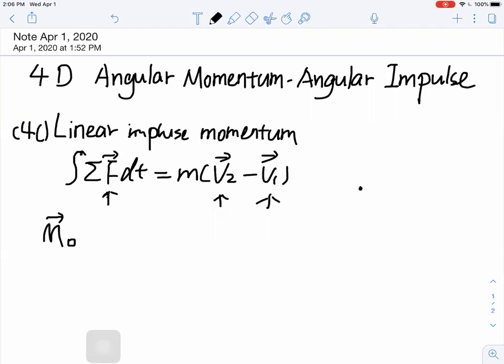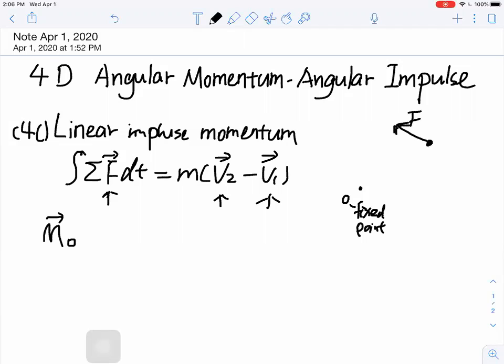If we have, let's call this fixed point O, then we have a force somewhere, let's call this F, and maybe the force is applied on a particle.